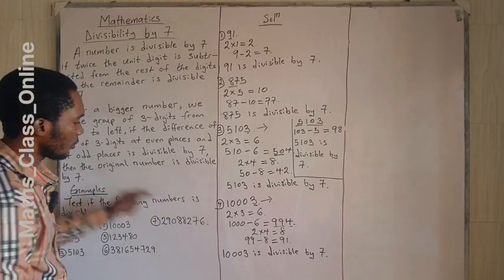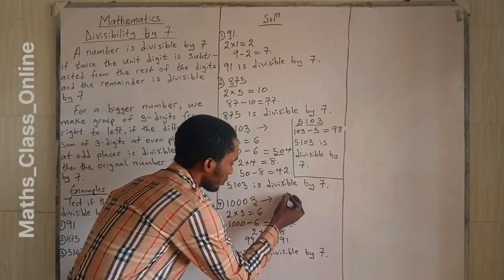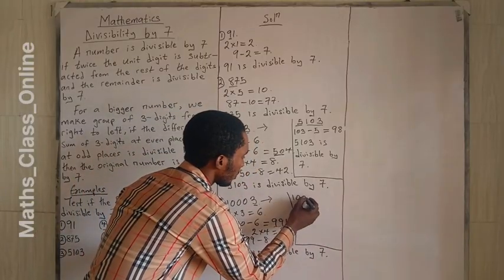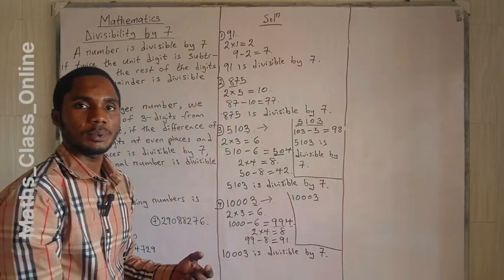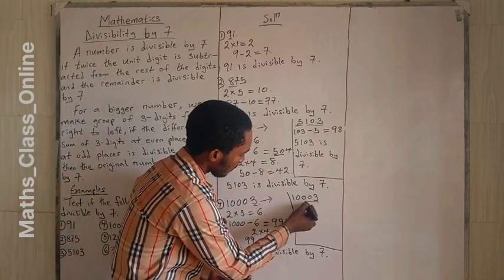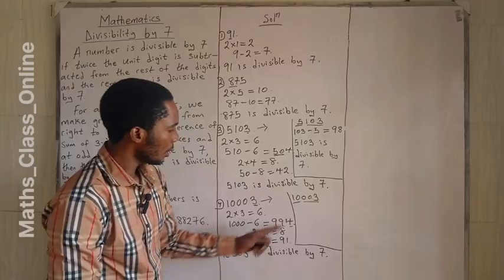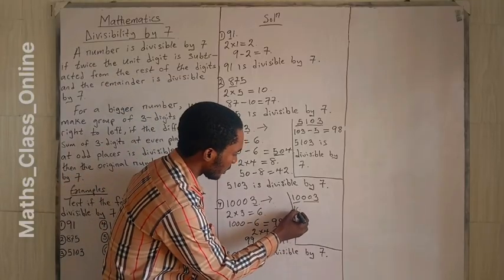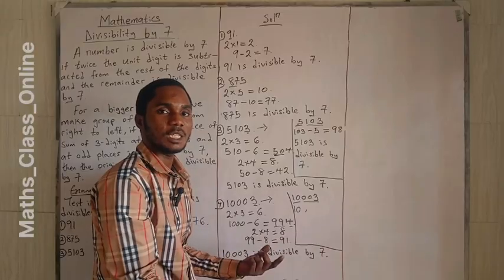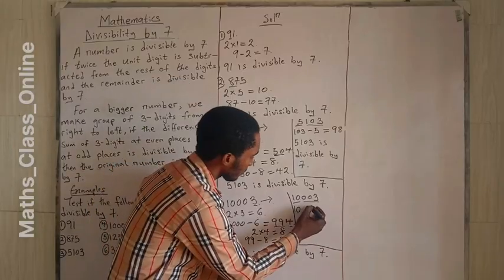Let's use this second rule for what? For this fourth example. We have 10003. Let's group 3 digits from the right. We have the first group to be 10, and the second group to be what? 003. And 003 is the same thing as ordinary 3.